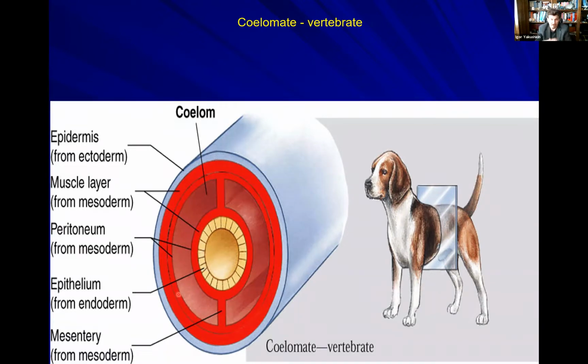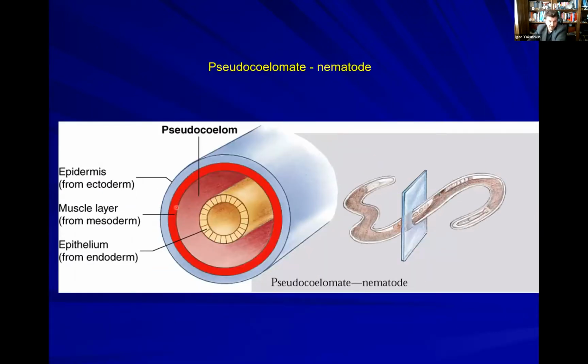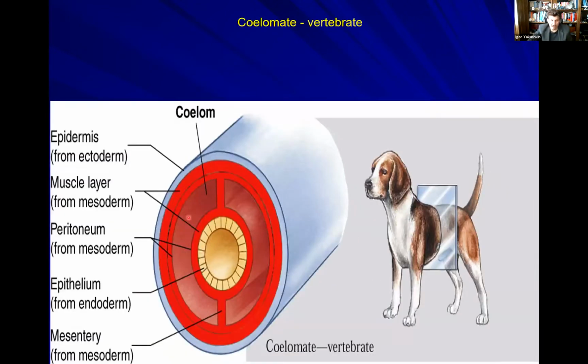Okay? The mesoderm completely lines the body cavity on the inner and the outside of the cavity. Comparatively to the previous ones, where the outer body cavity is lined with the mesoderm and the inner with the endoderm, here we're looking at the body cavity within the mesoderm, true body cavity.